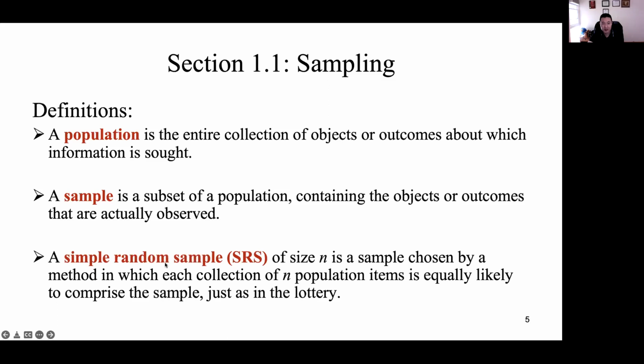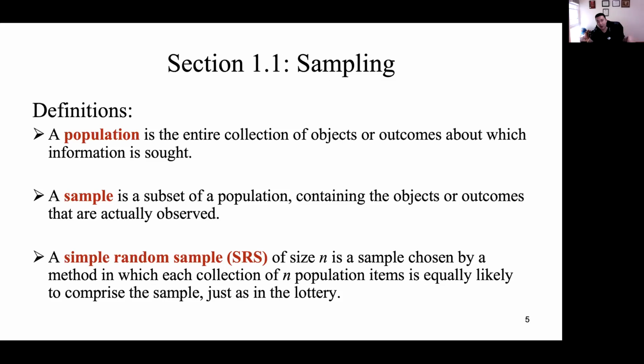A simple random sample, or SRS, of size n, is a sample chosen by a method in which each collection of n population items is equally likely to comprise the sample. Just as what we did in a lottery. Let's say we have 10,000 tickets in a drum.